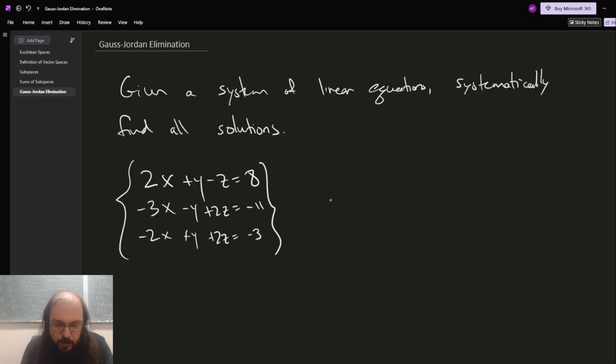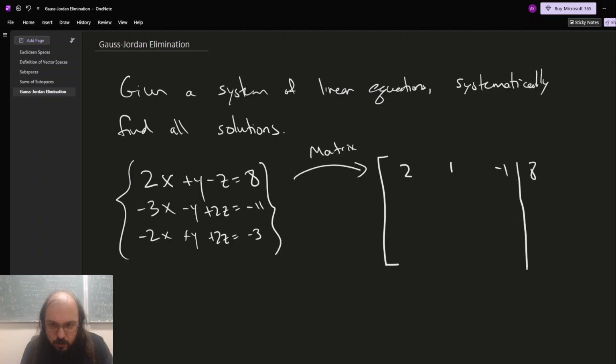The first step is we transform this into a matrix by suppressing the variables and also any plus signs. In other words, just extracting the coefficients. So we have 2, 1, minus 1. We draw this vertical line here and 8. And then we have minus 3, minus 1, 2, minus 11, minus 2, 1, 2, minus 3.